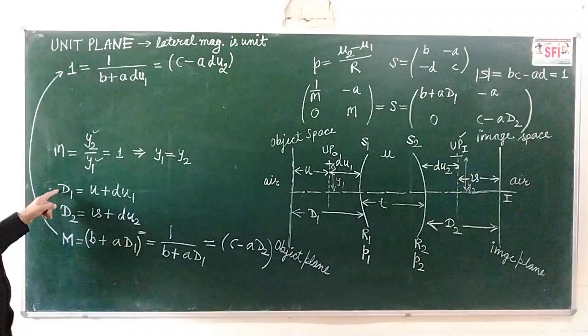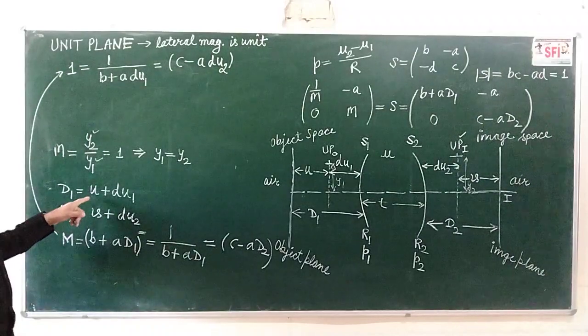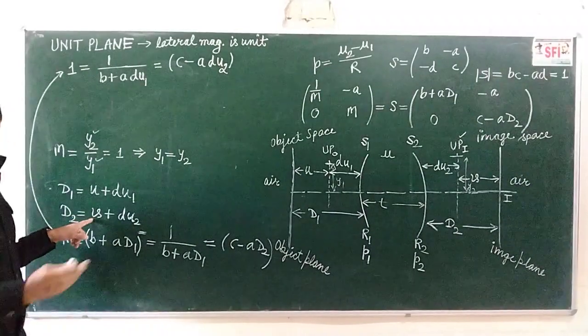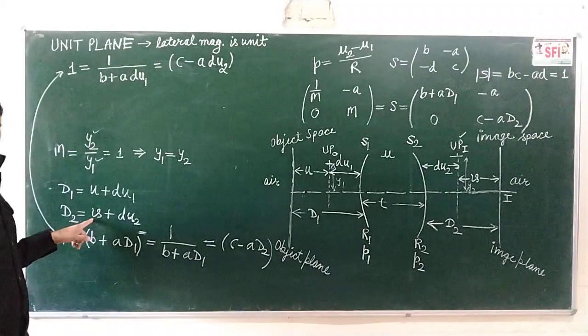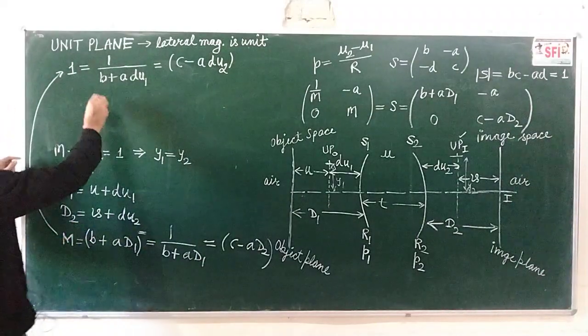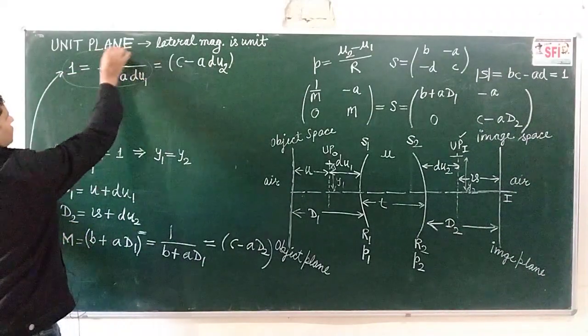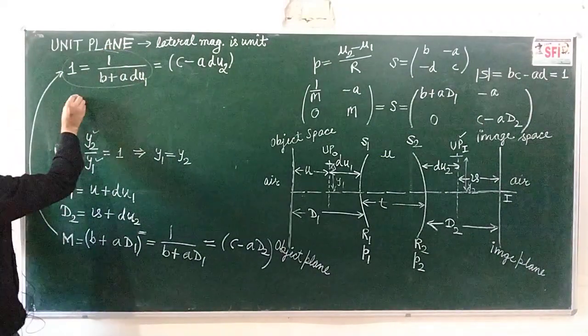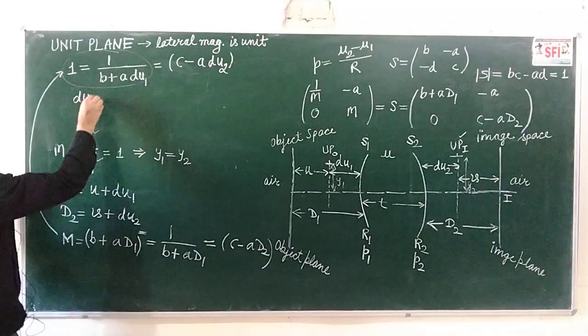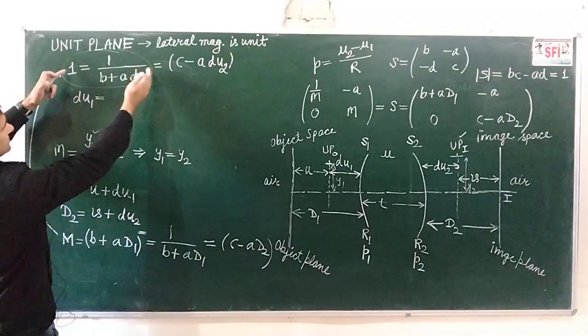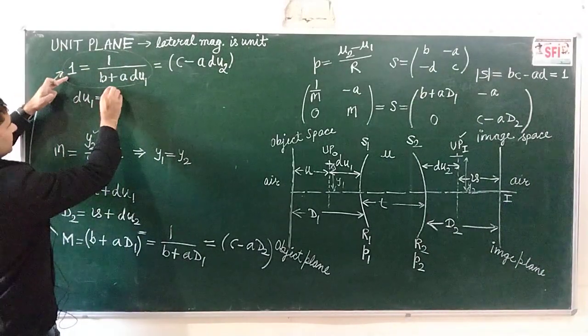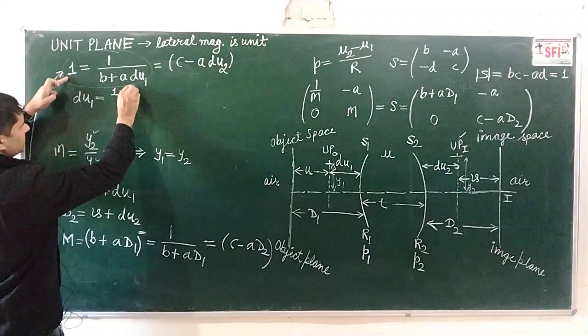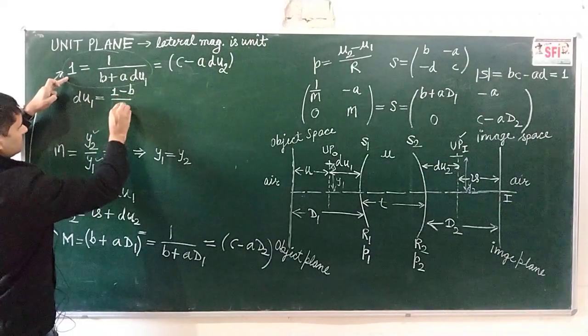Okay, now we will find the value of du1 and du2 so that we can find the relation between d1 and d2, or the relation between u and v, and further the relation with f. So if you make use of these two factors, then we can find the value of du1. You are to rearrange this relation and you will get du1 equal to 1 minus b by a.